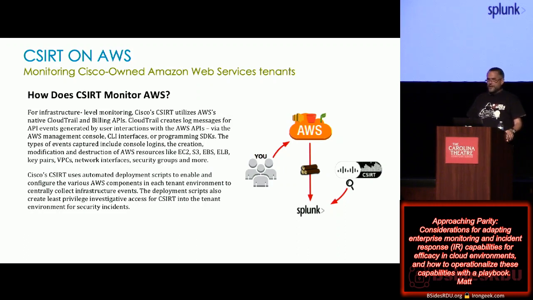About a year ago, we came to have multiple company-owned tenants. This adoption happened fairly rapidly over the course of a few months. And at that time, CSIRT was working on our initial AWS monitoring solution, based mainly on CloudTrail logs and billing logs, and a little bit more that I'll get to in a moment.